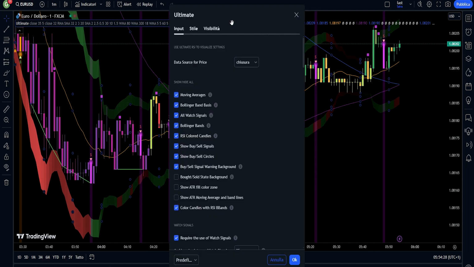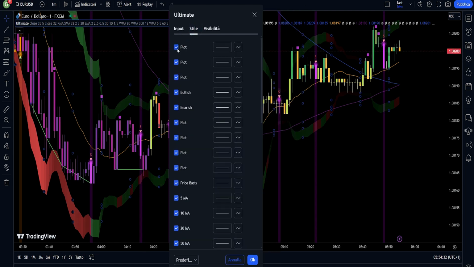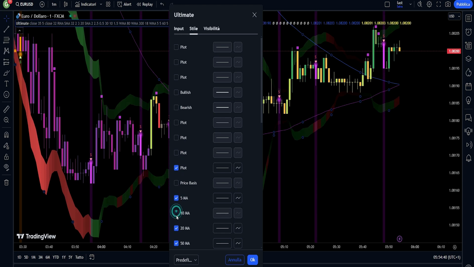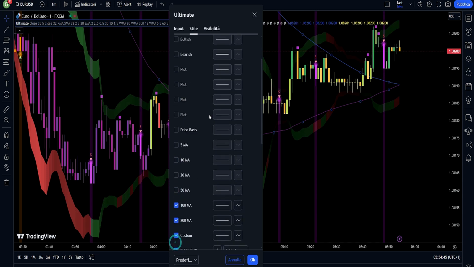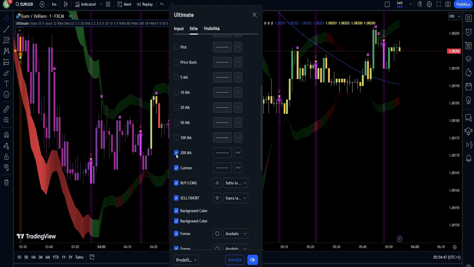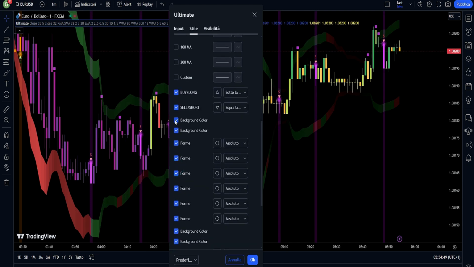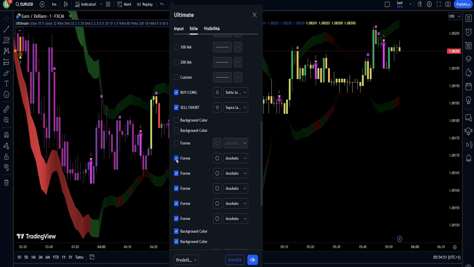In the style, deactivate all windows except Buy, Sell. The buy-sell arrows do not indicate the opening of a position, but warn of a possible change in trend.